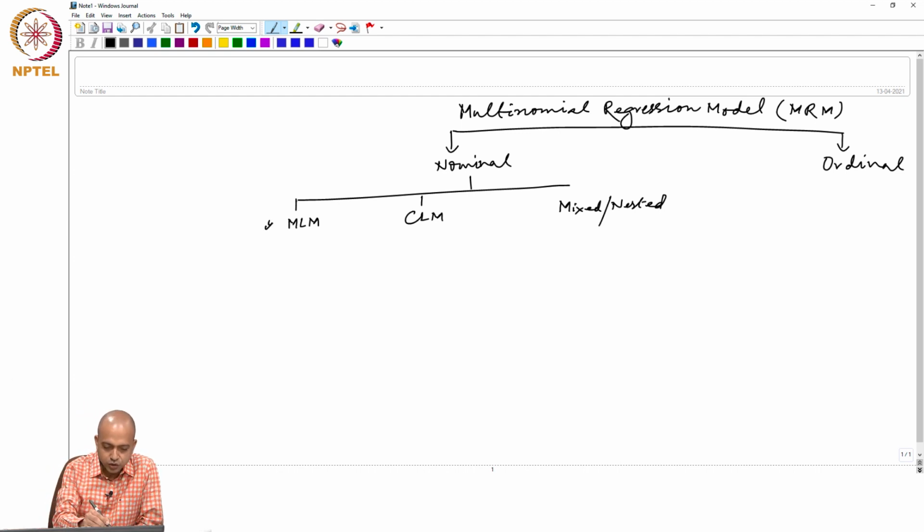And we started discussing the multinomial logit model.